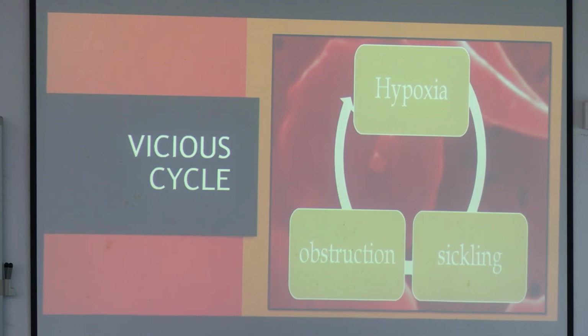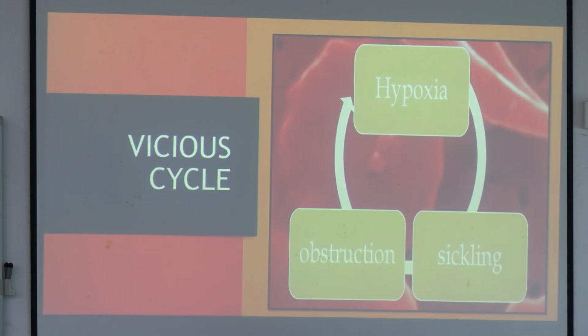Sickled RBCs make polymers, irreversibly sickled, they make RBC aggregates. So sickling finally leads to obstruction. The distal tissue won't get enough RBCs, won't get enough oxygen and nutrients to survive. So hypoxia will develop in the distal tissue, and the hypoxia will again aggravate the sickling. Okay, so this vicious cycle will go on.